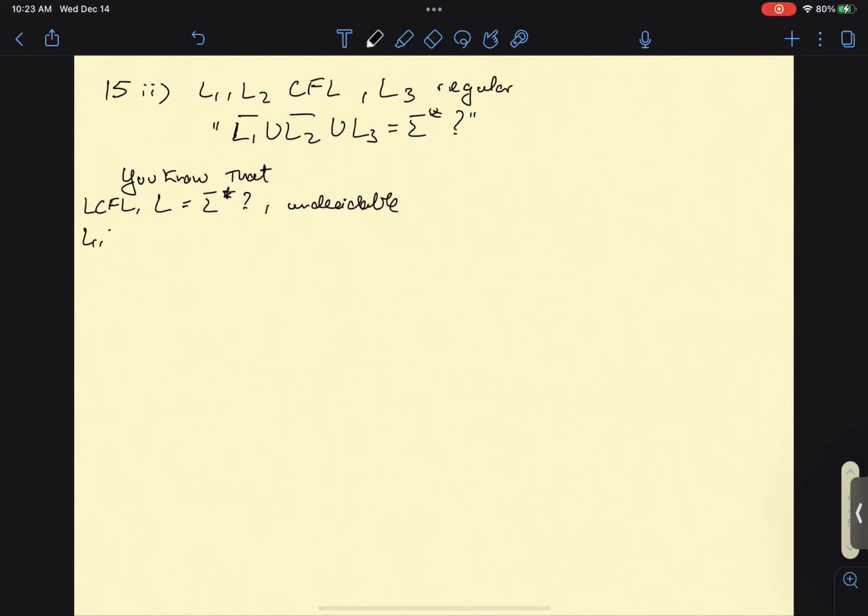Then if L1, L2 are CFLs, and L1 intersect L2 is empty, this is also undecidable, right? So is this undecidable? Yes. Why is it undecidable?